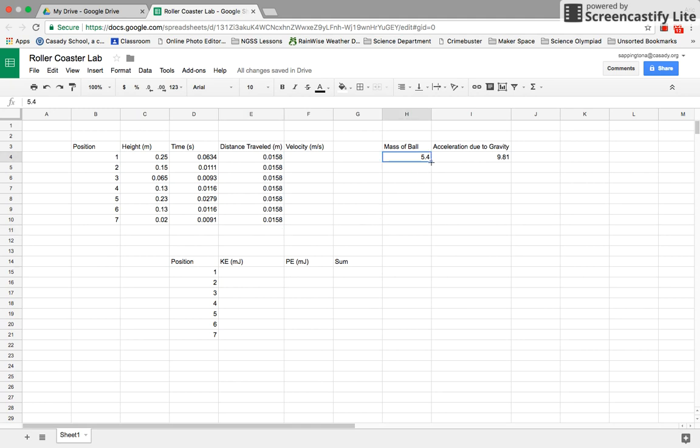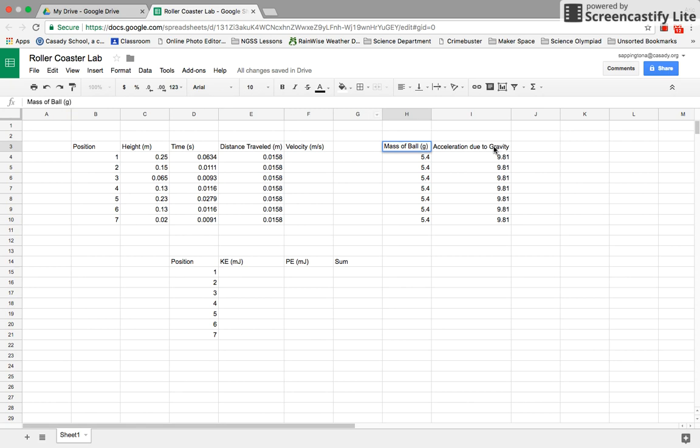Now you can do the same thing with the mass of the ball and the acceleration due to gravity. This probably should be in grams. I should say that it's in grams.